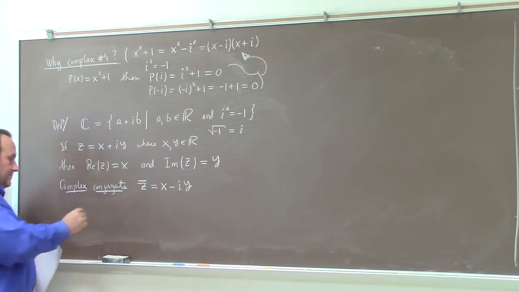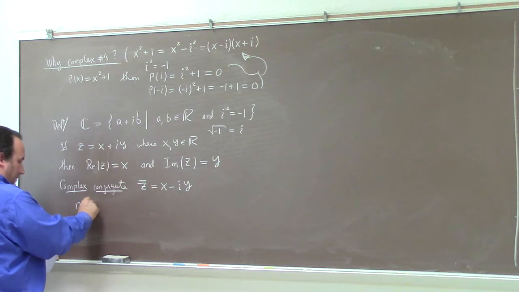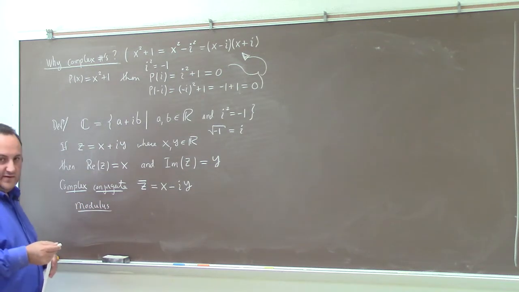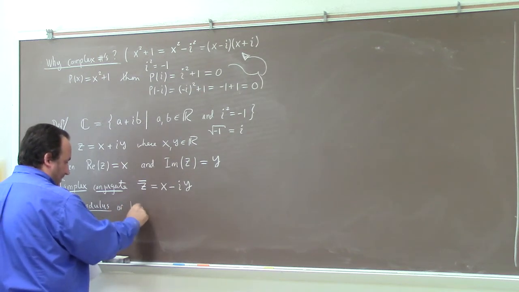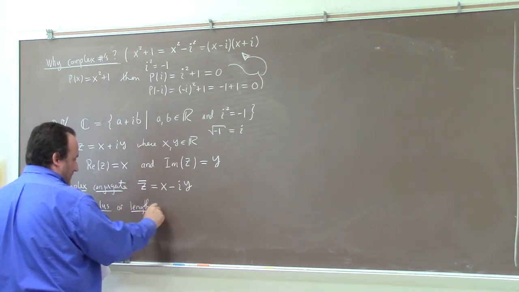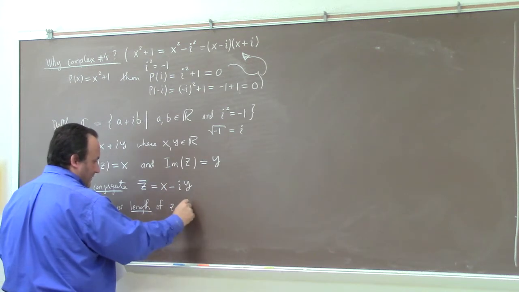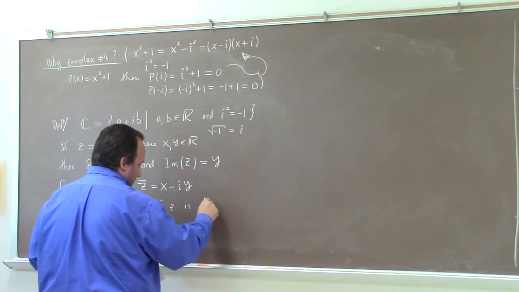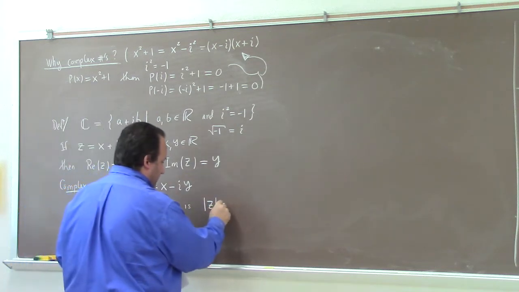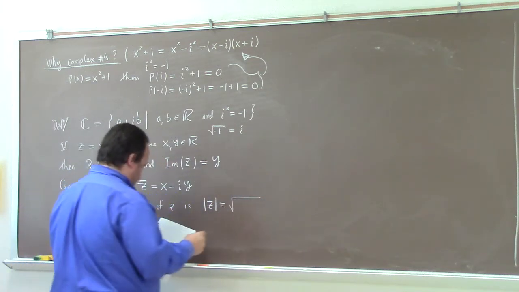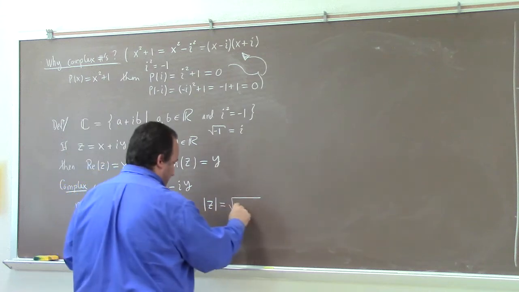The modulus, sometimes called the absolute value or length, of z is equal to the square root of x squared plus y squared.